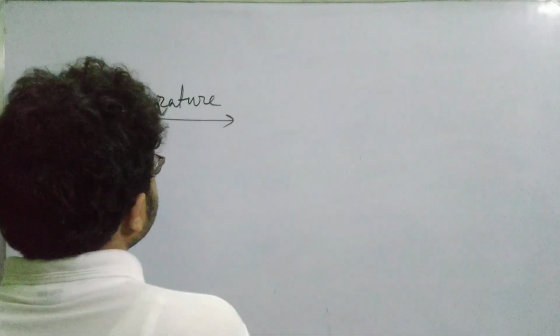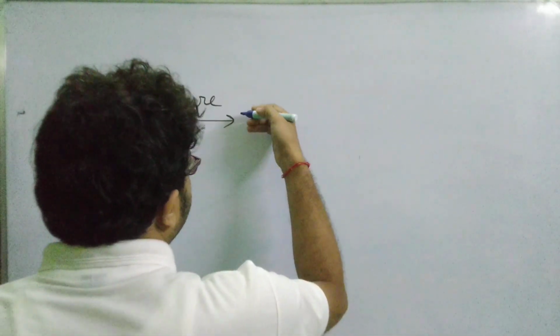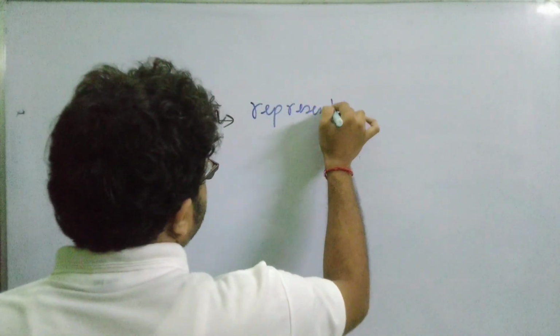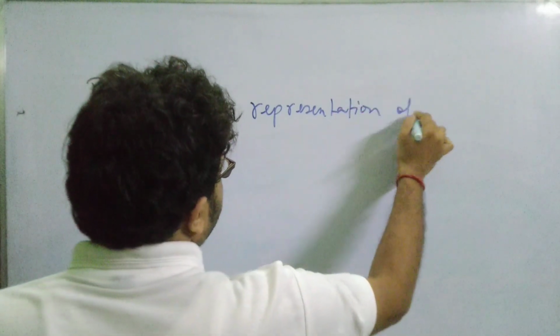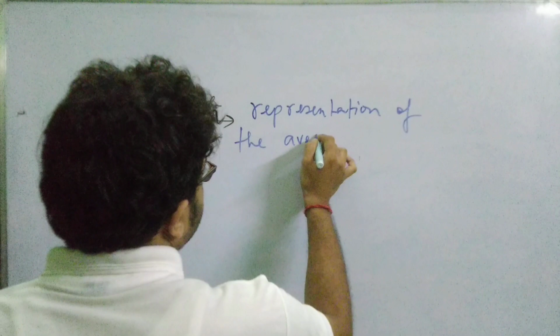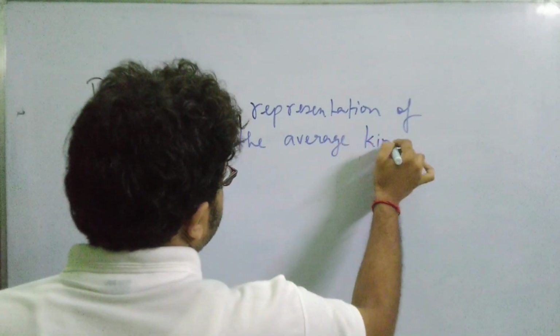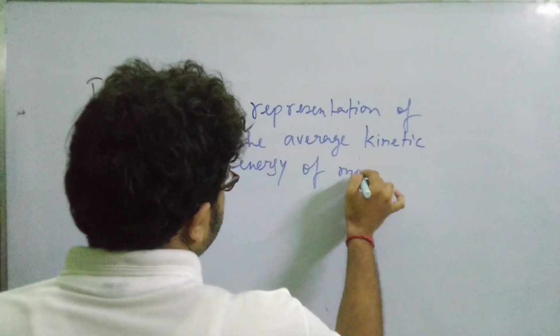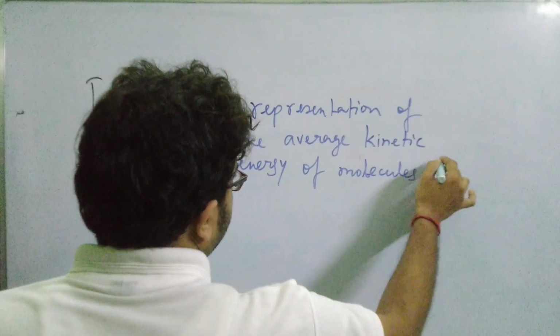Okay, so how can we actually define temperature? So basically temperature can be defined like this: it is the representation of the average kinetic energy of the molecules of a matter.